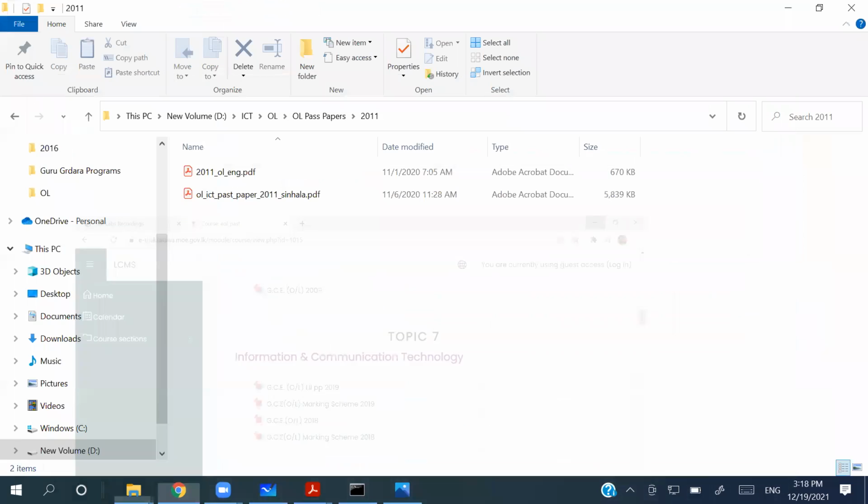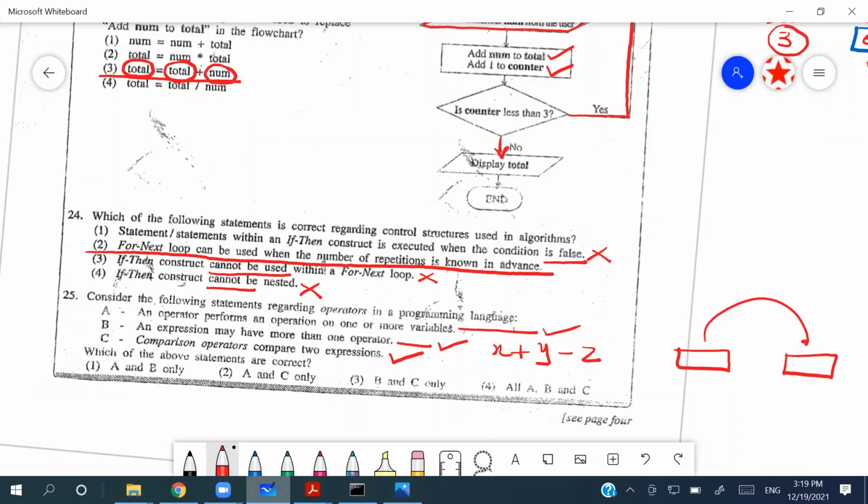No, they don't. So for 2011, the answer they have given for the 25th is that everything is correct. So the fourth one can be taken as the correct one. Right, so all are correct.